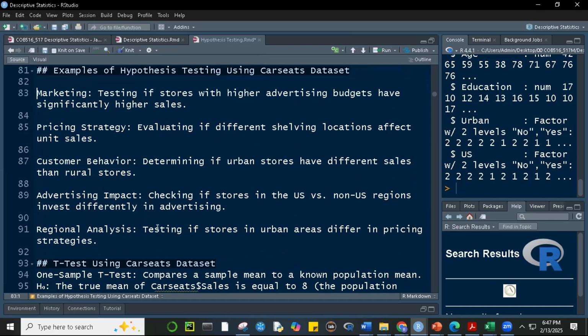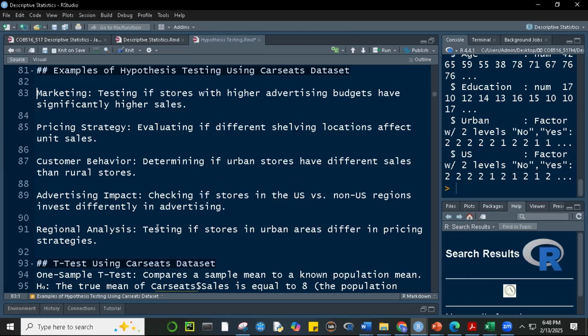For example, in marketing, testing if stores with higher advertising budgets have significantly higher sales. So maybe you're comparing two independent samples. One has high advertising, the other lower. So is it higher, or does advertising have no impact? Do they still have the same average sales?